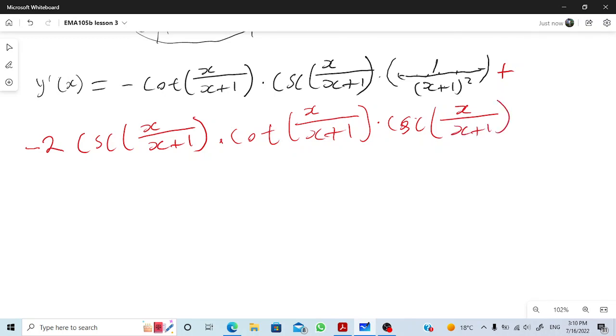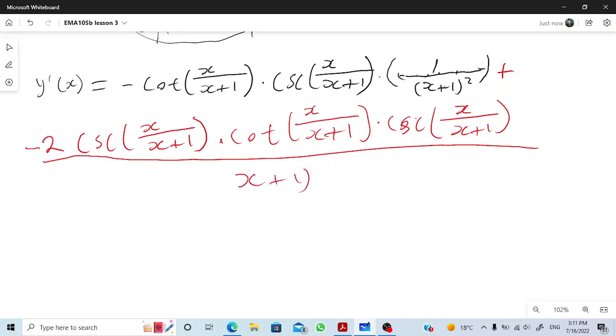Now everything divided by x plus 1 squared, because everything multiplied by 1 over x plus 1 squared, everything becomes the numerator.